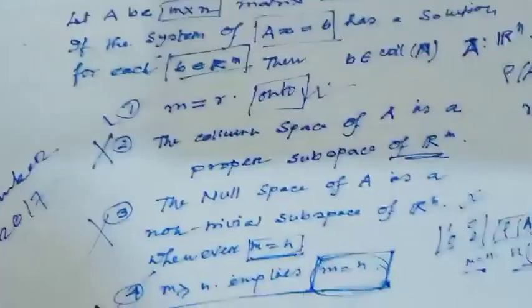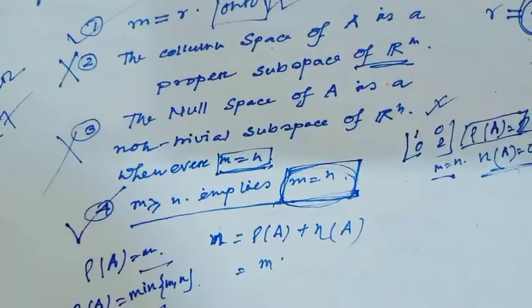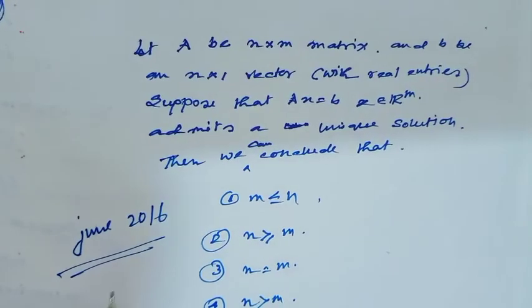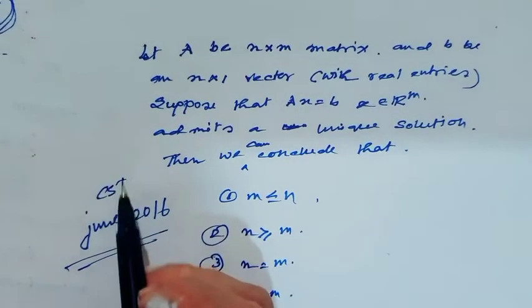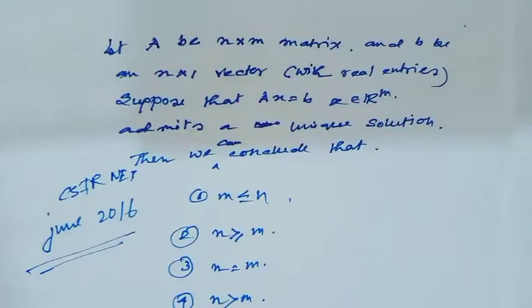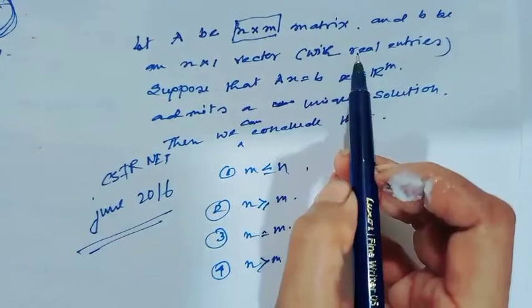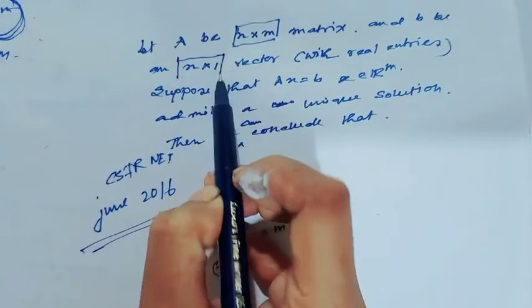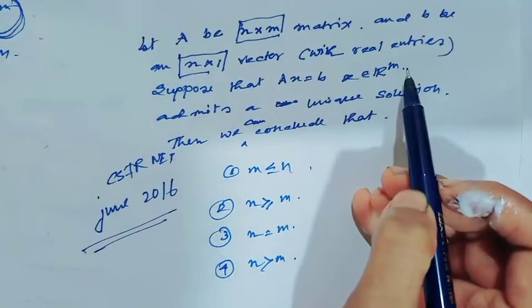I hope all my viewers have understood this type of question. It is actually a very basic question, but now I will look at one question which came in CSIR NET June 2016 exam. The question is: let A be an n cross m matrix and B be an n cross 1 vector with real entries.